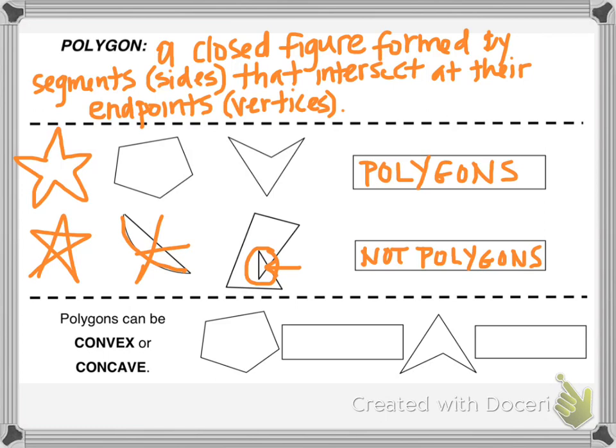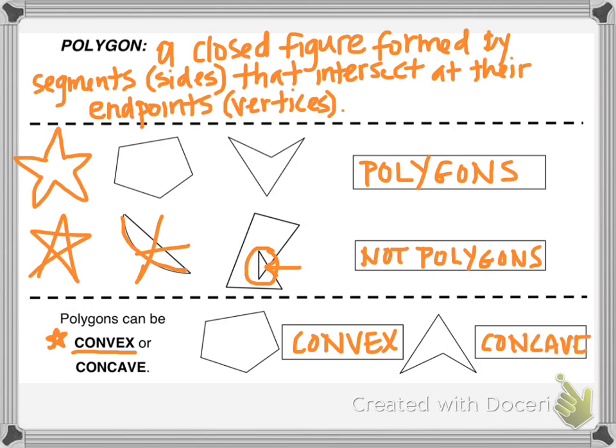There are two types of polygons, convex and concave. For the rest of this class, we will only look at convex polygons. And this first polygon is an example of convex. The second example is an example of concave.